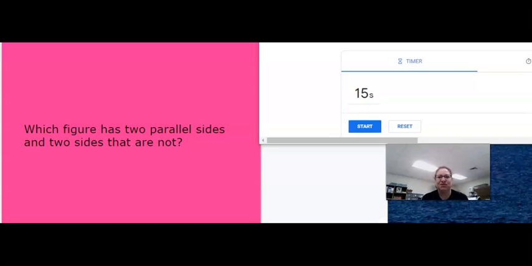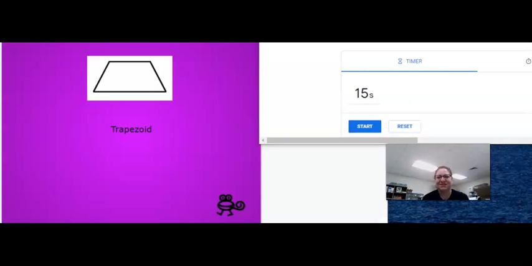Which figure has two parallel sides and two sides that are not parallel? Did you say trapezoid? If so, pat yourself on the back.